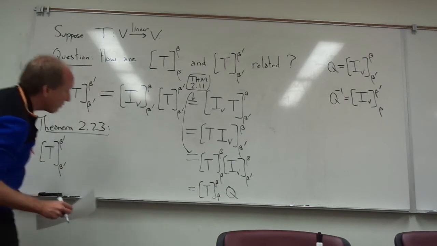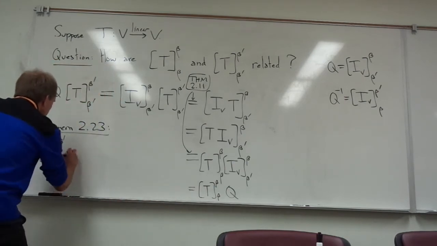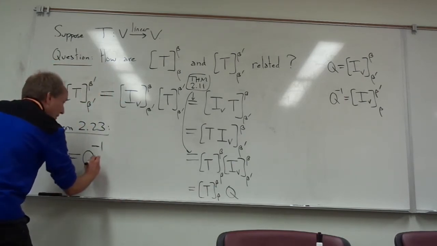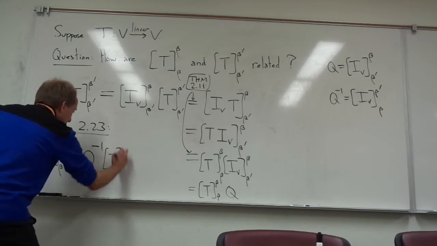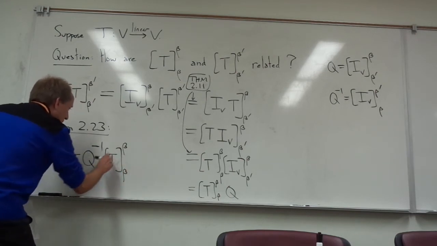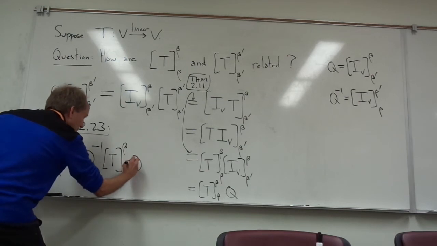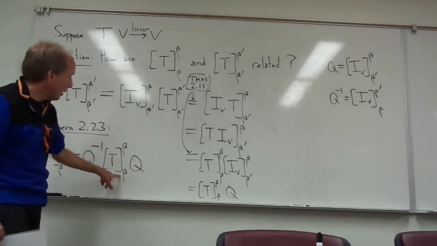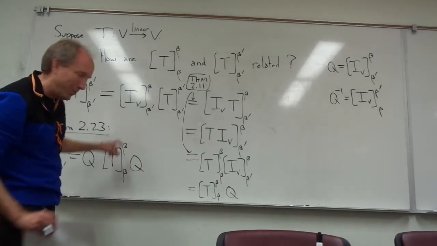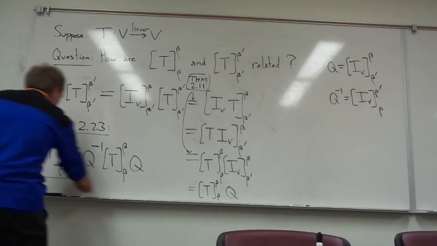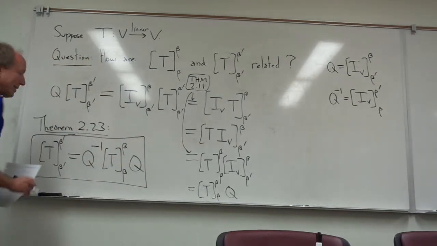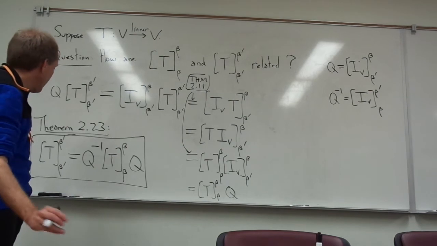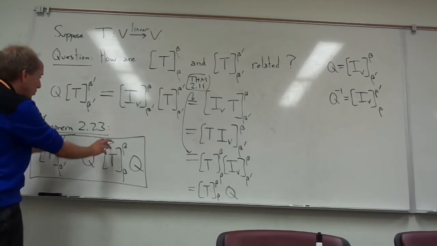I can left multiply by Q inverse in this calculation that I just did. And I'm going to be expressing on the right side of the equation the matrix representation of T relative from beta to itself. This is the theorem, okay? And so these matrices are very related.